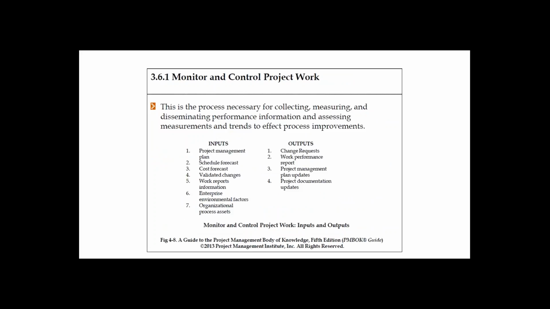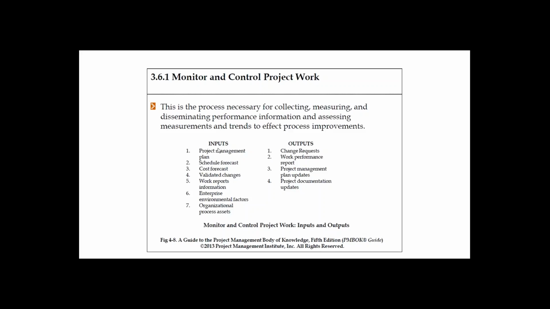Deliverables means, let's say there is a piece of code, that is a deliverable. Work performance data means data from cost management, schedule management, scope, communications, and other areas. So you feed all this information to this process.